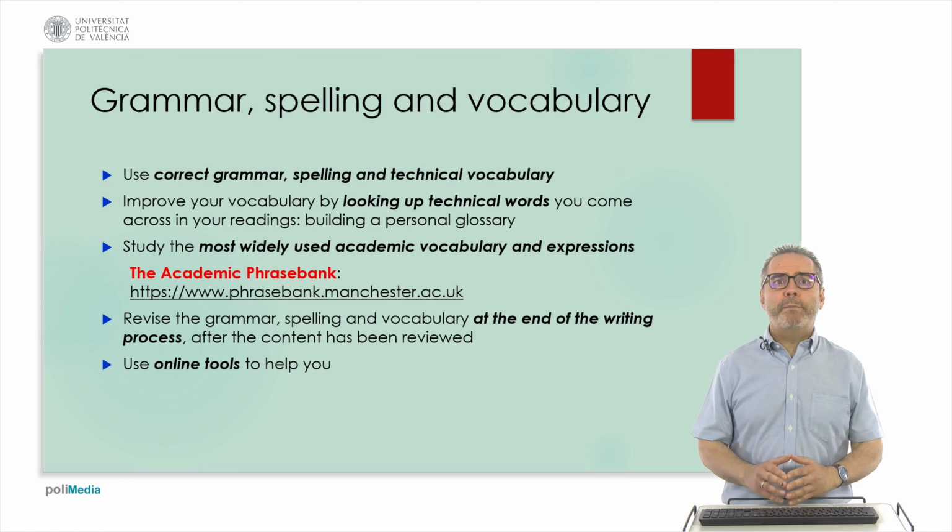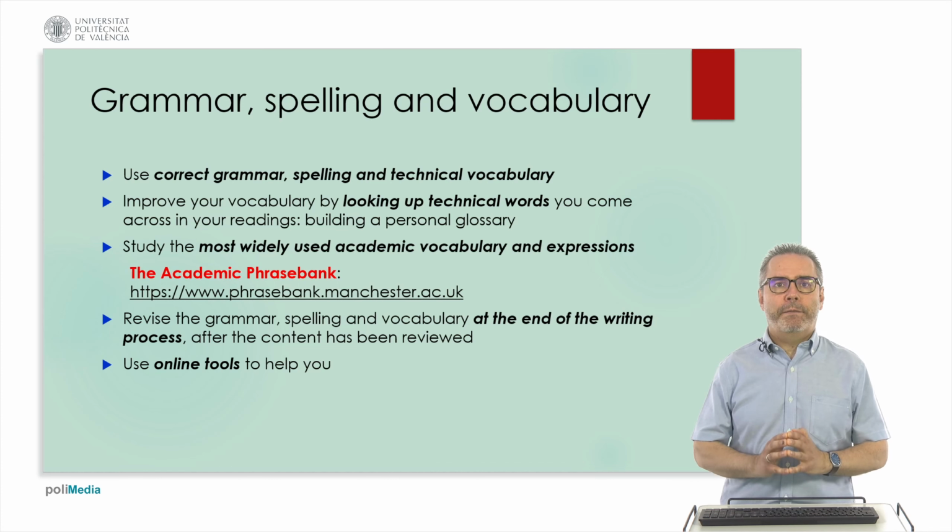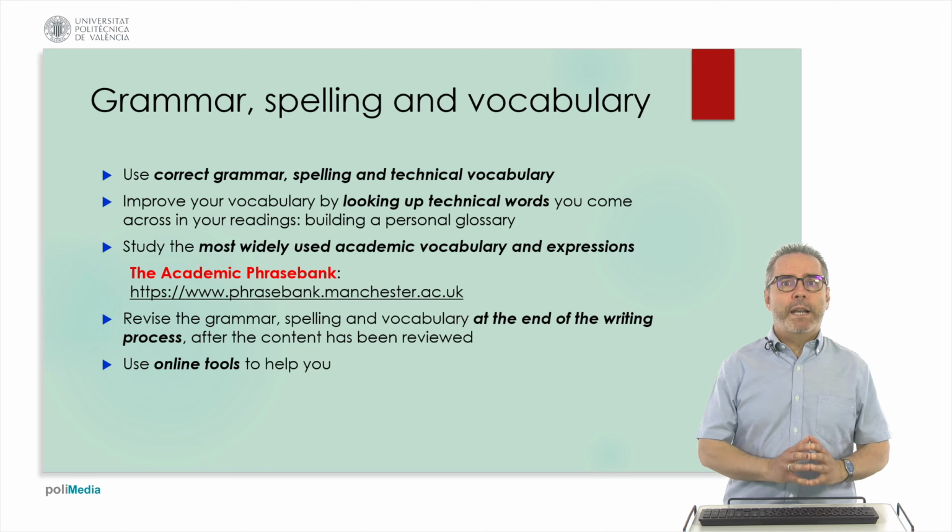Regarding grammar, spelling, and vocabulary, these three concepts are very important when writing an academic text. Of course, you have to be very correct. Accuracy is very important in the use of grammar, spelling, and technical vocabulary.